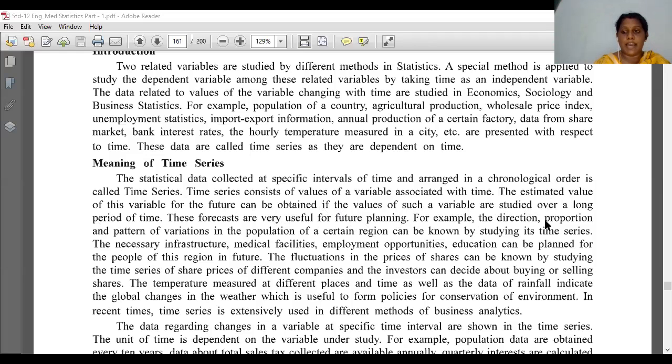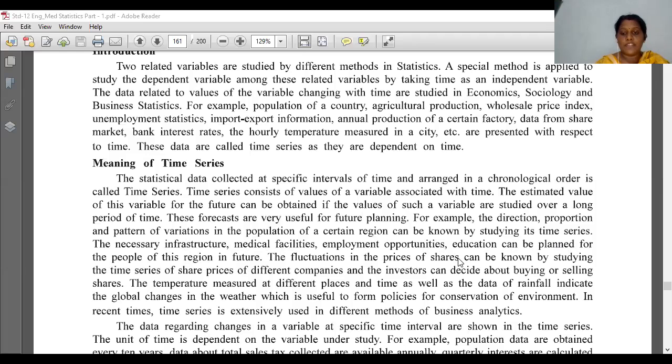For example, the direction, proportion, and pattern of variation in the population of a certain region can be known by studying its time series. Now, the necessary infrastructure, medical facilities, employment opportunities, and education can be planned for the people of this region in future.